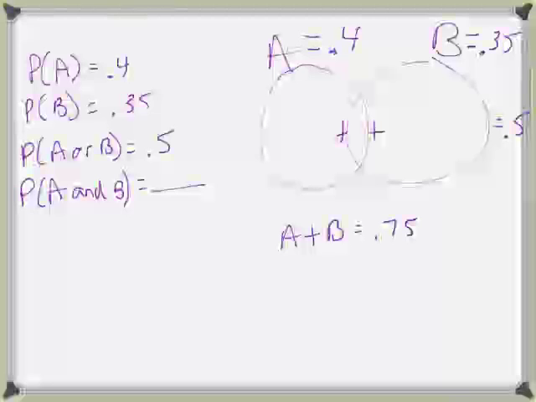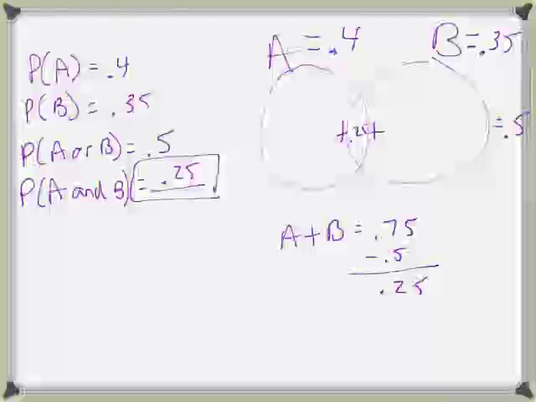So what does that mean? There's some overlap. So we're going to subtract out what it's supposed to add up to, and that means that 0.25 is the overlap. Overlap is and, so that is our answer here.